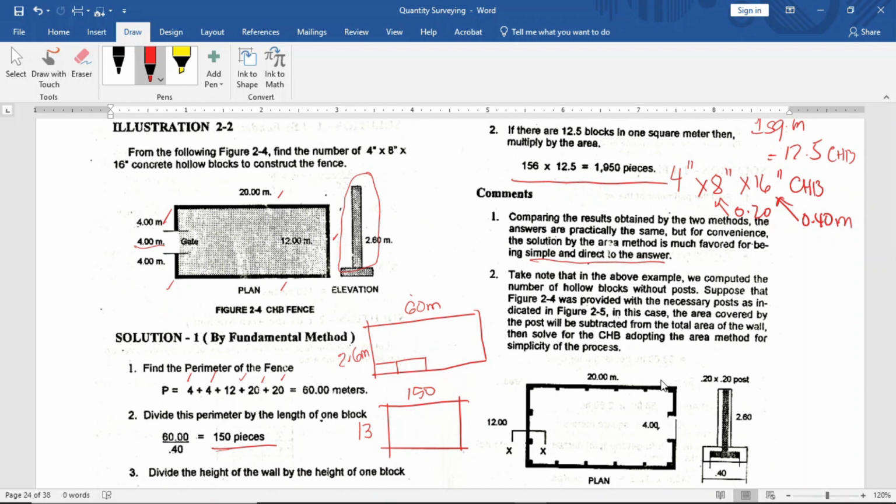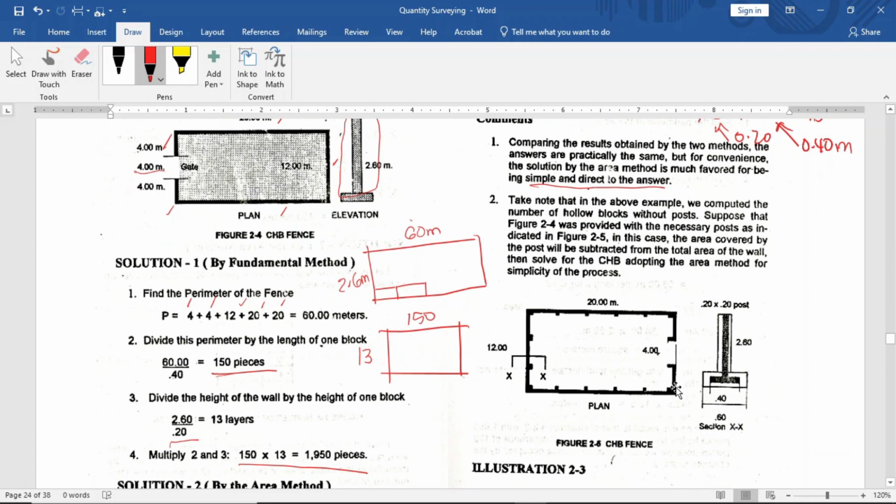So suppose that figure 2-4, ito yon, was provided with necessary posts as indicated in figure 2-5. Ito yun. In this case, the area covered by the post should be subtracted from the total area of the wall, then solve the CHB adopting the area method for simplicity of the process.